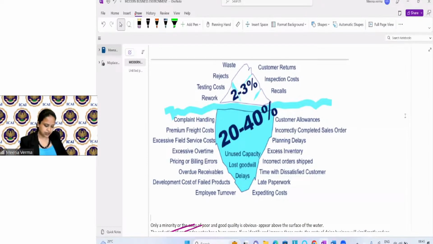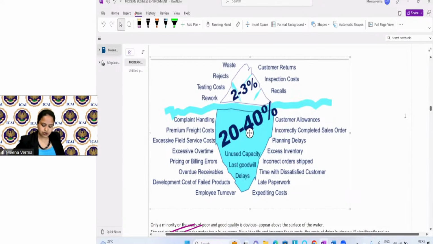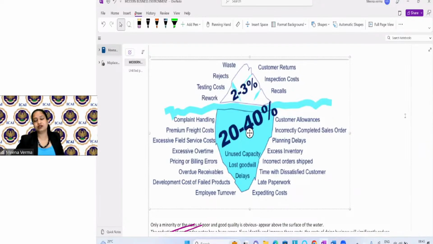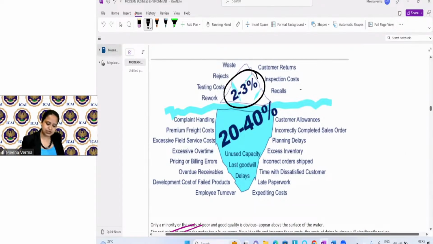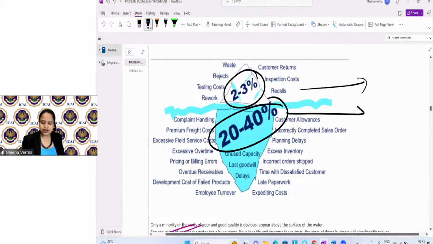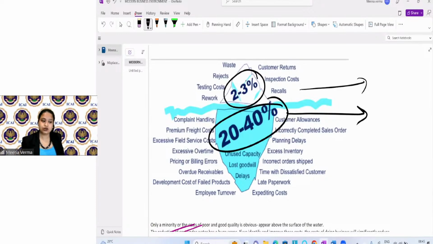So they have given you an iceberg model, and it is mentioned that only 2 to 3% of the reasons of defects are easy to find, but 20 to 40% reasons of defects are always unknown. You need a very intelligent brain to find out the reasons of defects, right? In most cases, it is very difficult to identify them. So you can see here, this is an iceberg model.